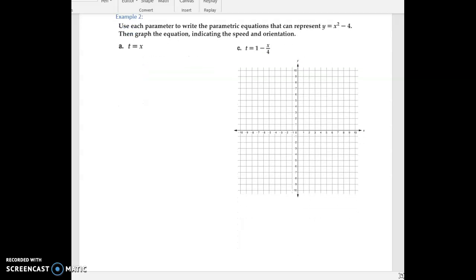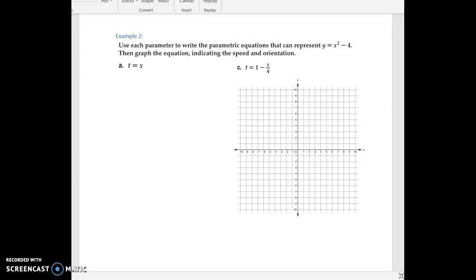All right, for the next problem, it says use each parameter to write the parametric equations that represent y equals x squared minus 4, given that t equals x. And so we already have that y equals x squared minus 4. And we want to write it in parametric terms given this.